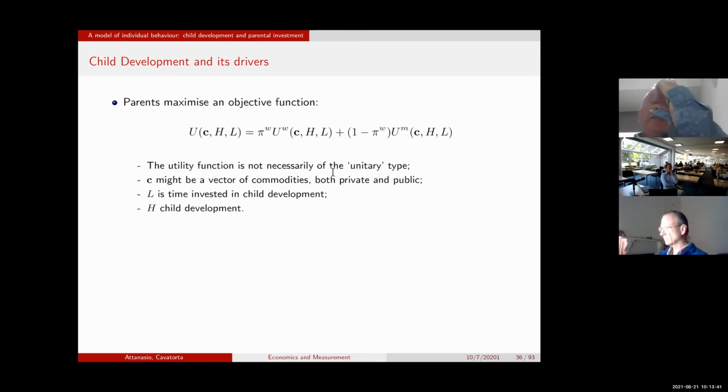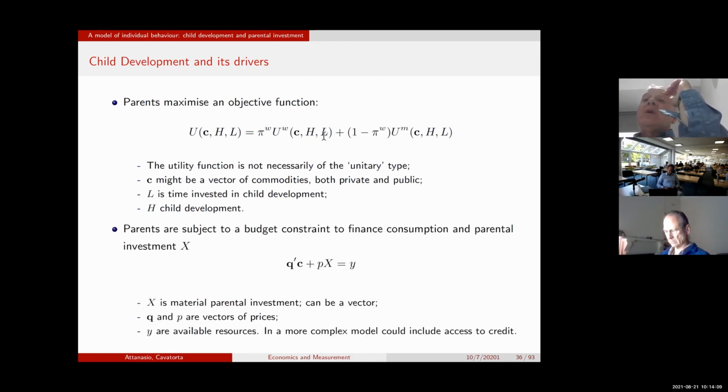And what is maximized is a weighted average of the utility of the wife and the utility of the husband. And it depends on the consumption, on child development, so this is a common public good in the couple, and time spent with the child. There is a budget constraint.